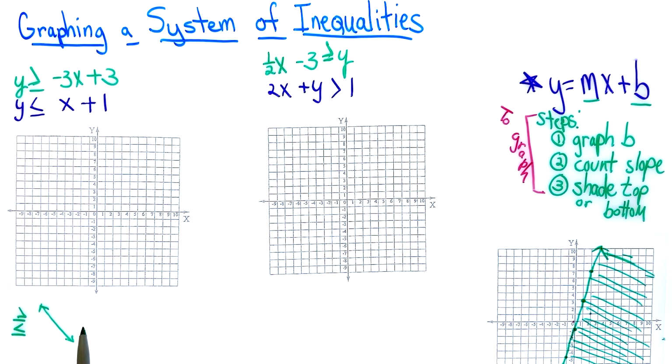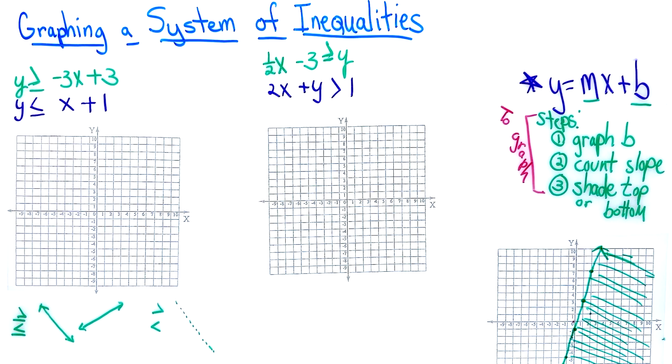When you have a greater than or a less than, when we graph the line, it will be a broken line, which means the answers that are on that broken line are not part of that solution.